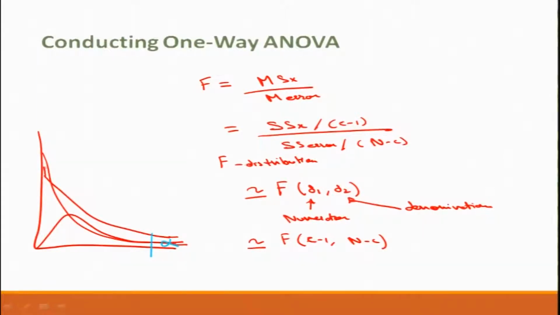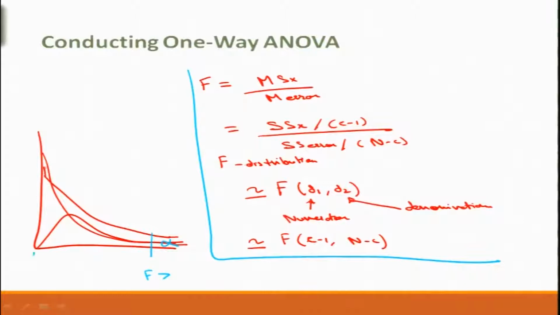Here we can have the alpha value, that is, if the F statistic value is greater than this specific value, let me say this value is M. If F is greater than M, we reject H naught, and if it lies in this region, this is accepted.